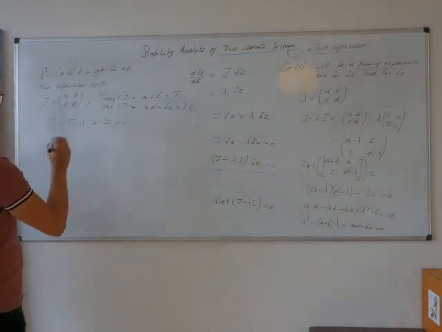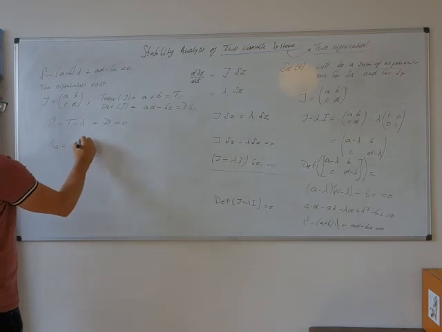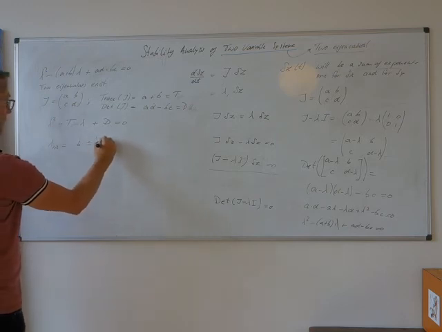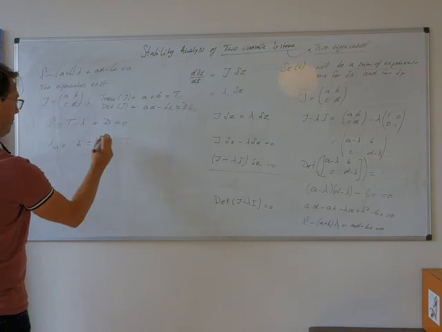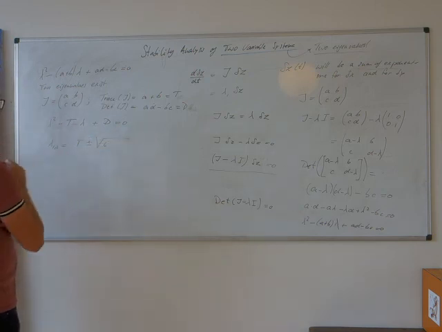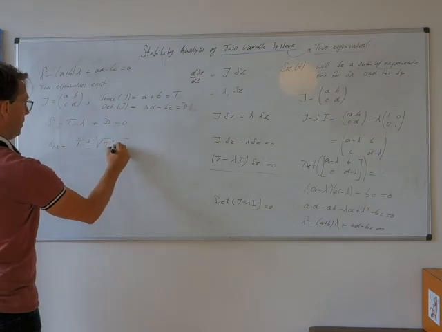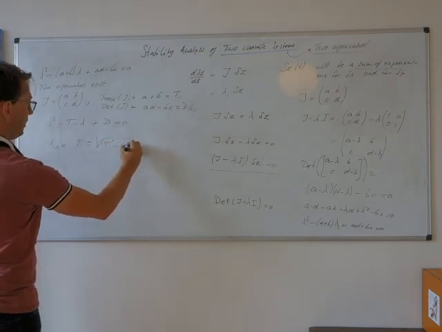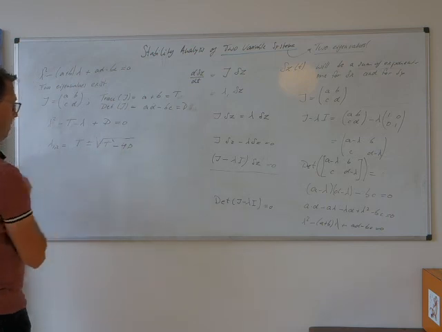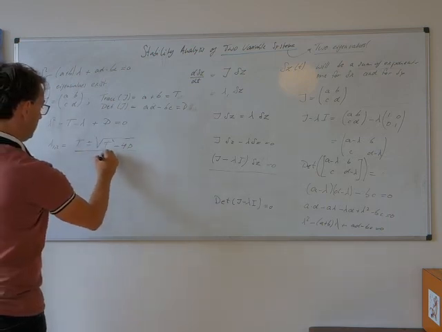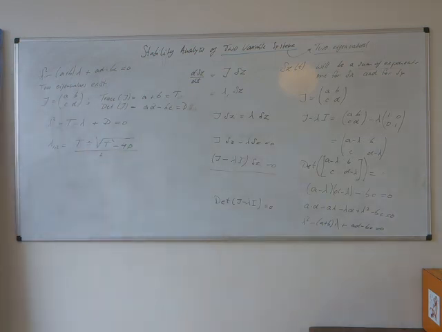So now you may know that the solutions are T plus minus the square root of T squared minus 4 times D, divided by 2. Okay?